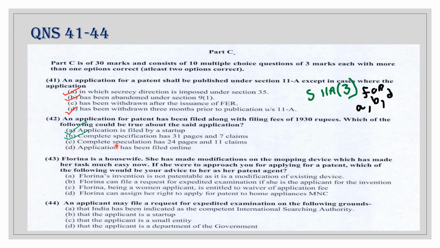Another thing, the number of claims should be limited to 10. Option C mentions 11 claims, so we will not take it. So the correct options will be option A and option B only. I hope it is pretty much clear now.